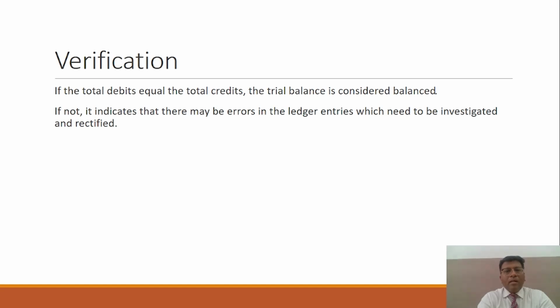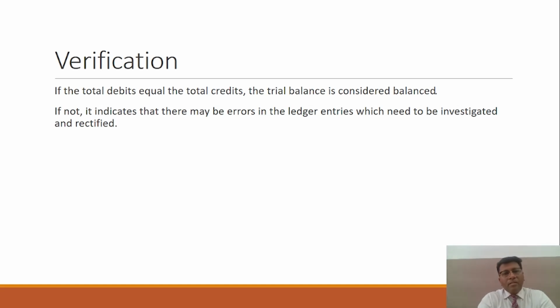If both totals are equal, the trial balance is considered a balanced trial balance. At that time you can verify that there is no arithmetical error. So we prepare the trial balance for arithmetic accuracy.